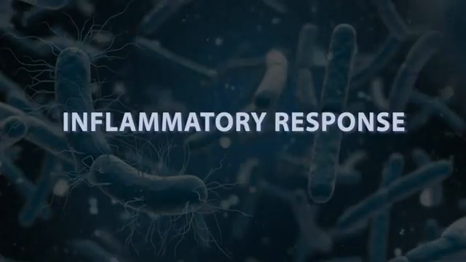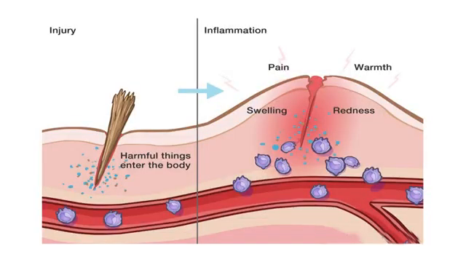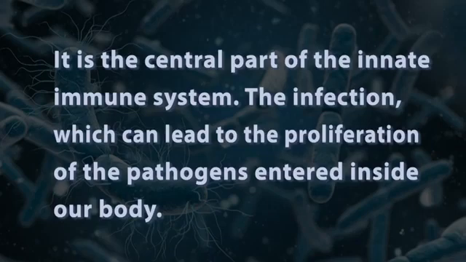B. Inflammatory response. Inflammation is the immune response shown by our body where the cells of the immune system gather together in the place of injury and show the immune action. It is the central part of the innate immune system.